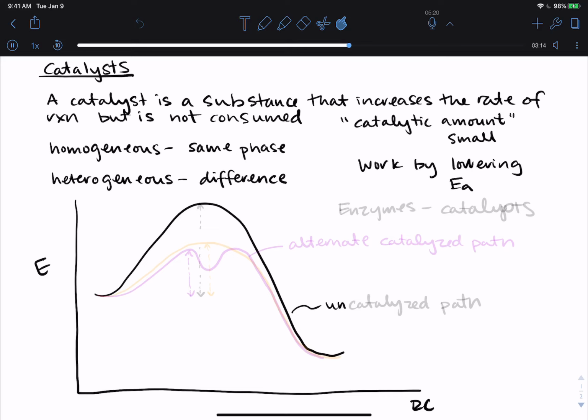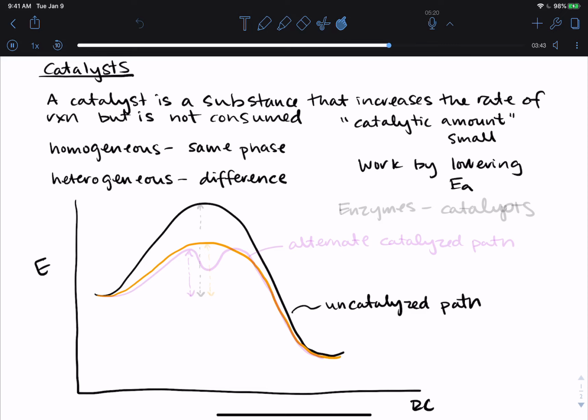So this is the uncatalyzed path. And whatever difference happens, it depends on the actual reaction. It depends on the catalyst you use. All it does is get this reaction to go by a path that has a lower activation energy, right?